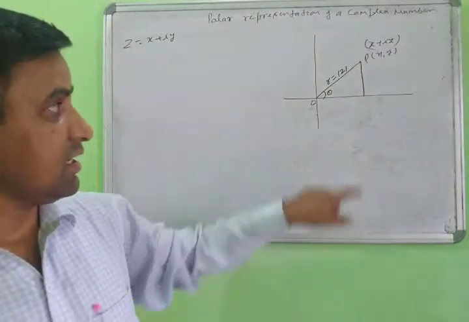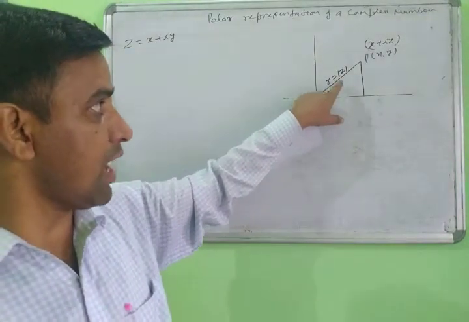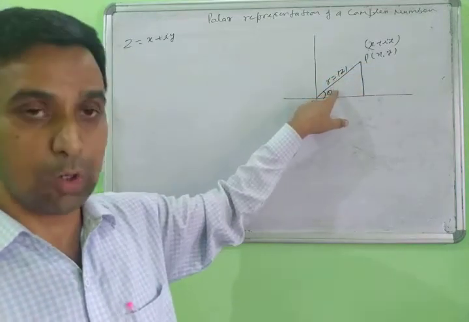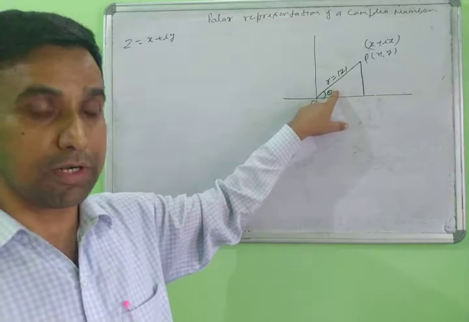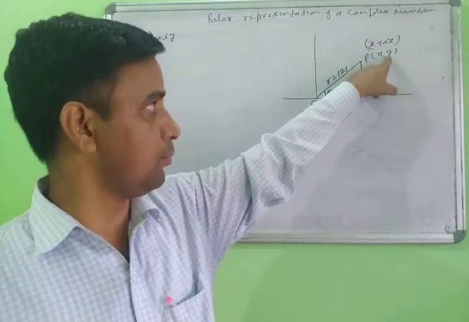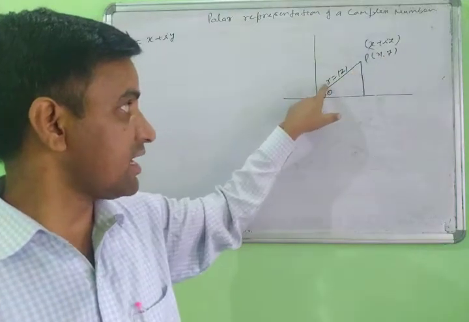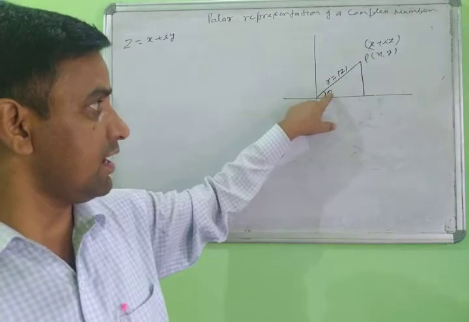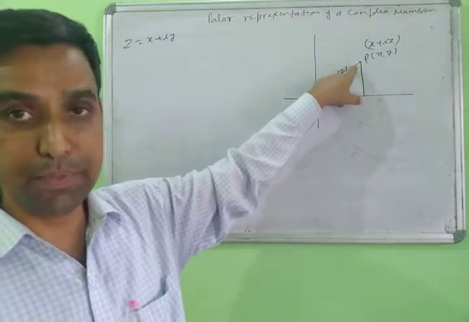It means r and theta are also polar coordinates, just as x and y are coordinates, because they help in approaching the point P.